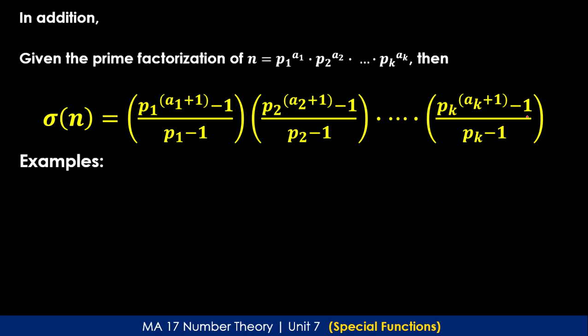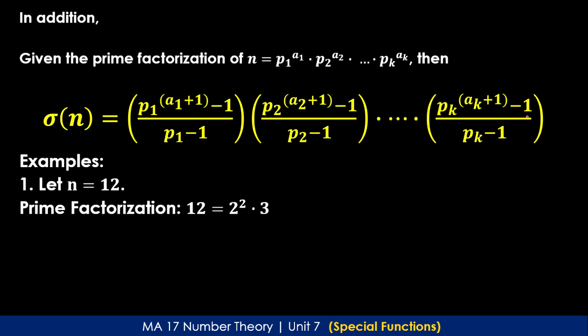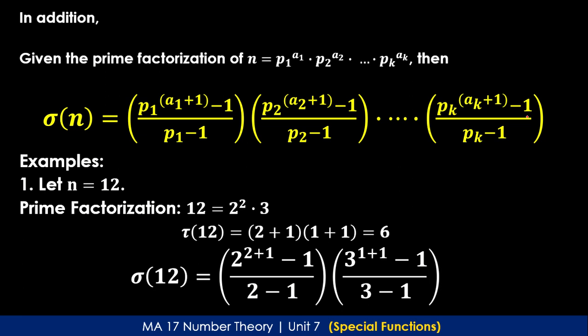Okay, let's have an example. Let's say we have again 12, with the prime factorization 2 raised to 2 times 3. The number of positive divisors, tau, is 6. And for the sigma, or the sum of those positive divisors, we're going to have 2 raised to 2 plus 1, minus 1, all over the prime factor 2 minus 1, times the quantity of the other prime factor, 3 raised to 1 plus 1, minus 1, divided by 3 minus 1.